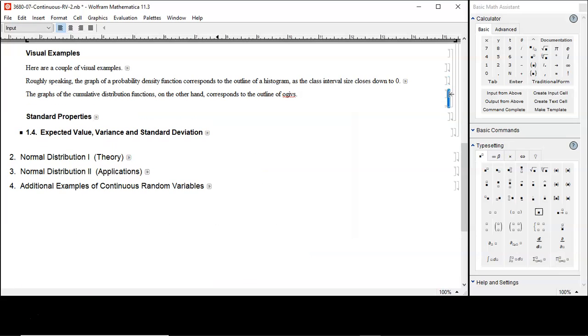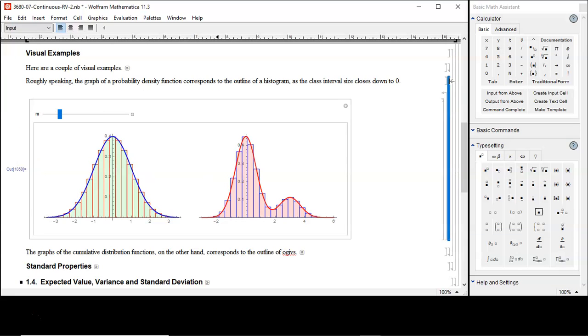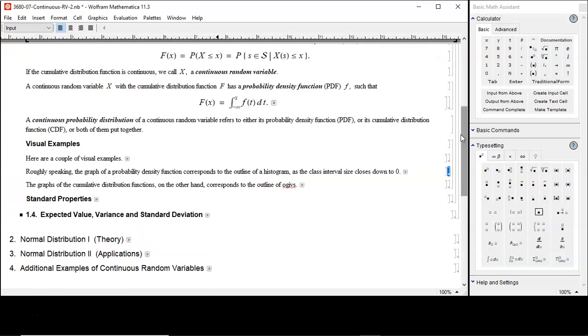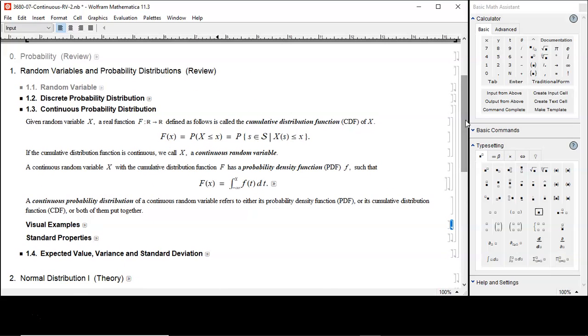And if you do the same thing to CDFs, we have ogives. So we have these step functions, but with more and more class intervals. And what do we have? We have a CDF. So for CDF, ogive. For PDF, histogram.